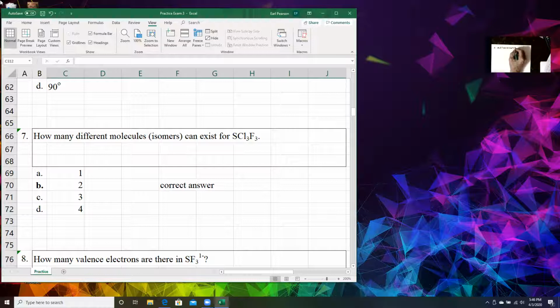We call them isomers in this case. For the molecule SCl3F3. Okay, let's switch back so that you can see my pad again.